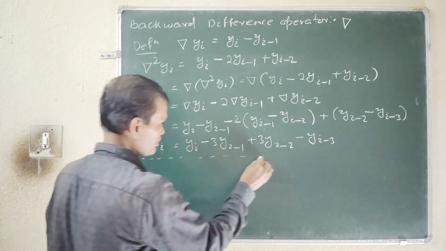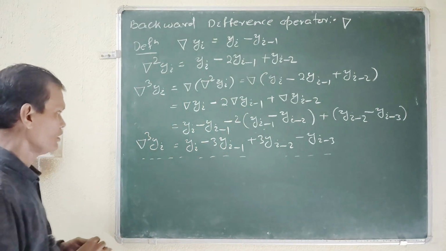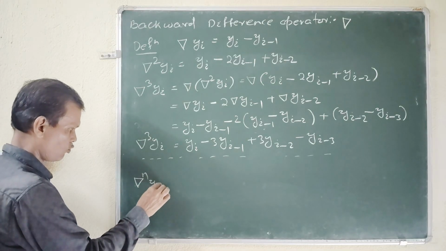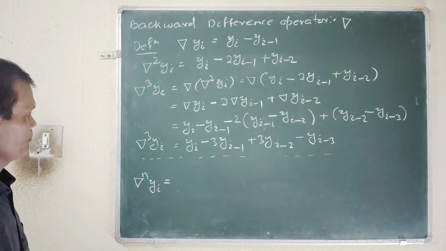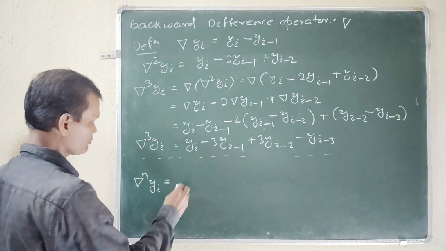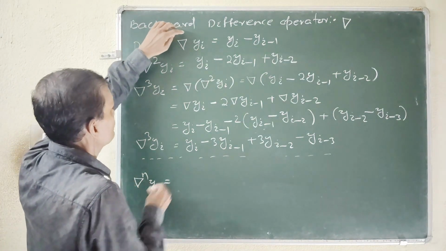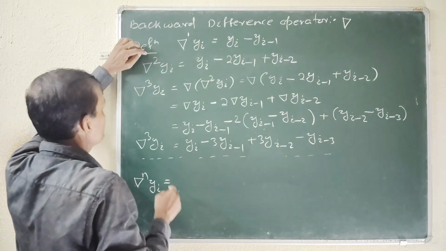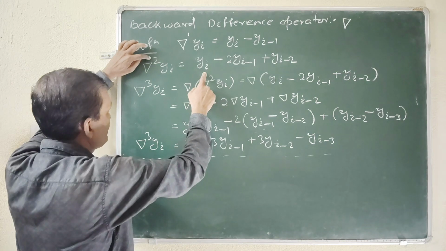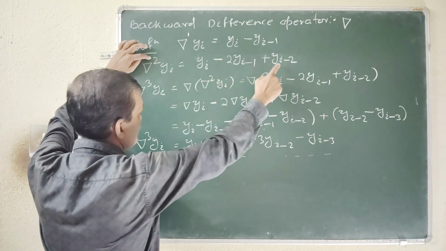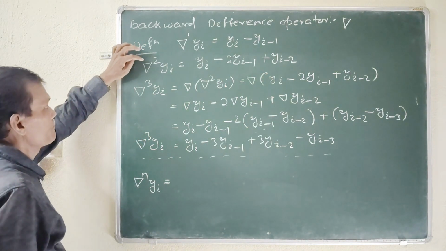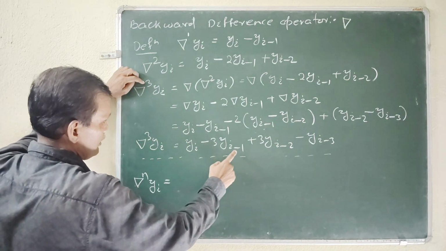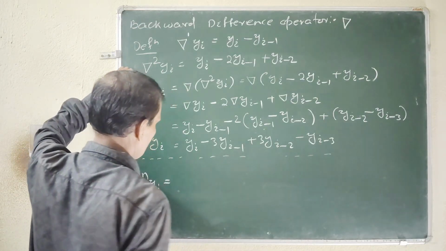If we proceed in a similar manner, can you say what the nth difference is? That is backward delta n yi. We can write it as: this is order 1, so we write yi, yi minus 1. This is order 2, we write yi, yi minus 1, yi minus 2. This is order 3, we write yi, yi minus 1, yi minus 2, yi minus 3.